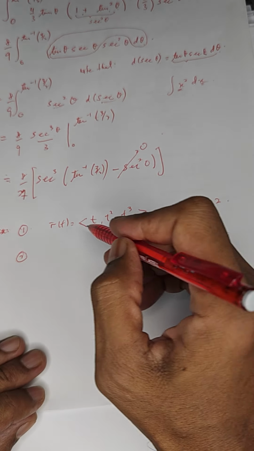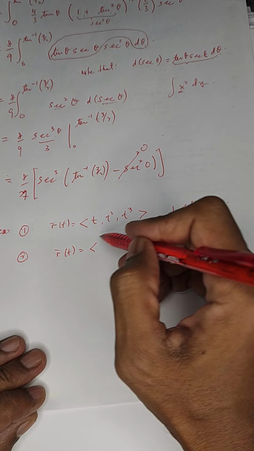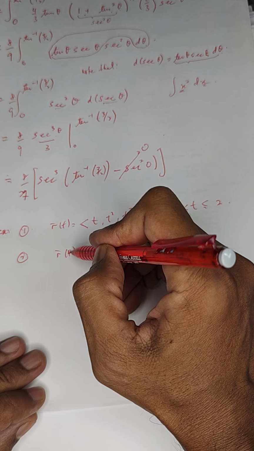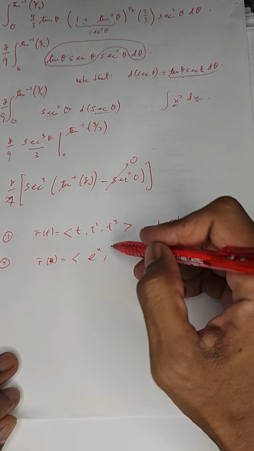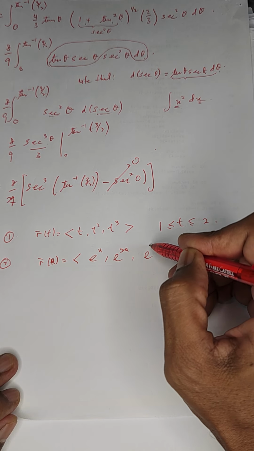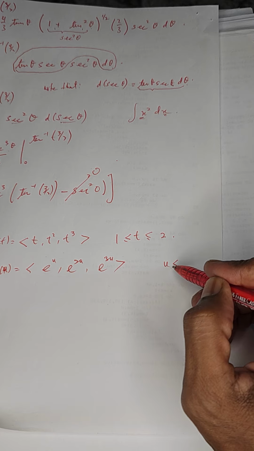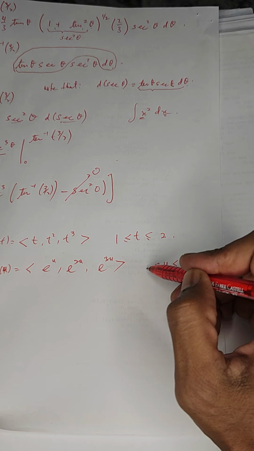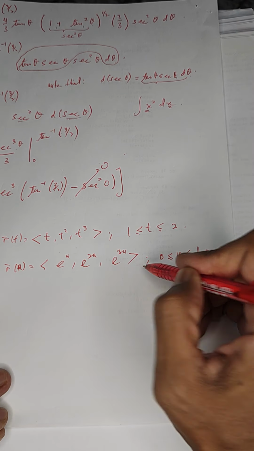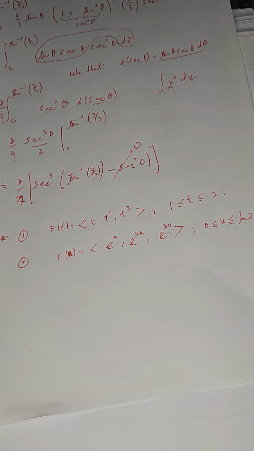And number 2: r(u) is e^u, e^2u, e^3u, where u is from 0 to ln 2. Okay, try that as an exercise.